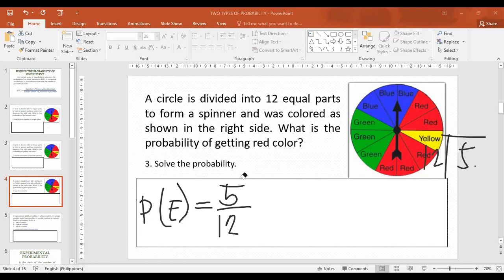So, add 0. 0 point. So, we have 50 divided by 12. So, we have 4, 48, 2, 0. 20 divided by 12. We have 1. 1 times 12, 12.